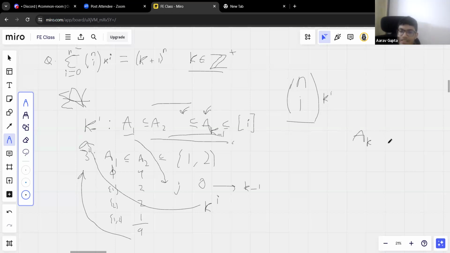So this is counting the number of sets A sub k, which belongs to the box n, and then this is set i, and then A sub k just follows this up with k minus 1 further subsets. This is understood?